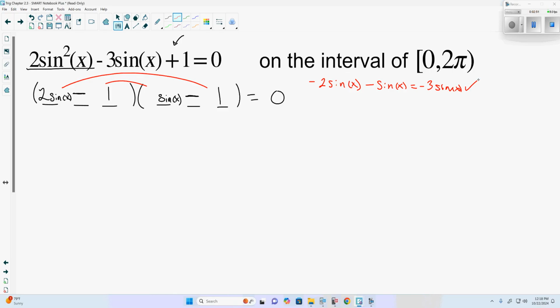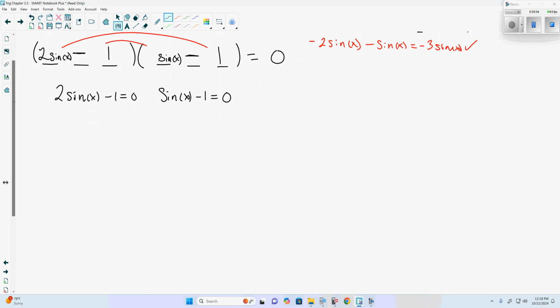Now at this point, since we have two things multiplied together to equal 0, one of these has to equal 0. So we either have that 2 sine of x minus 1 is equal to 0, or sine of x minus 1 is 0. Now for the one on the left, we need to solve for sine of x.